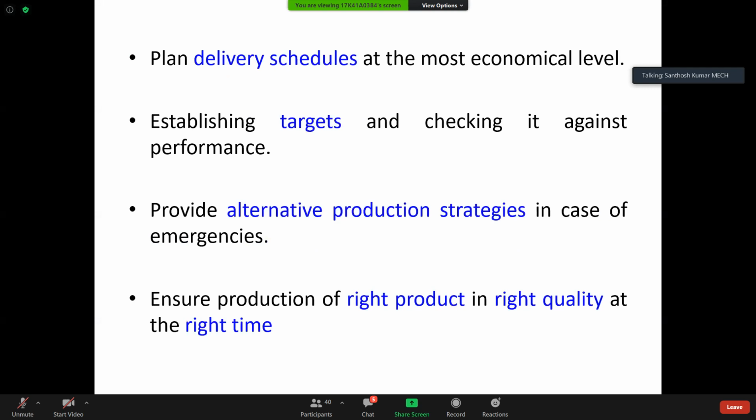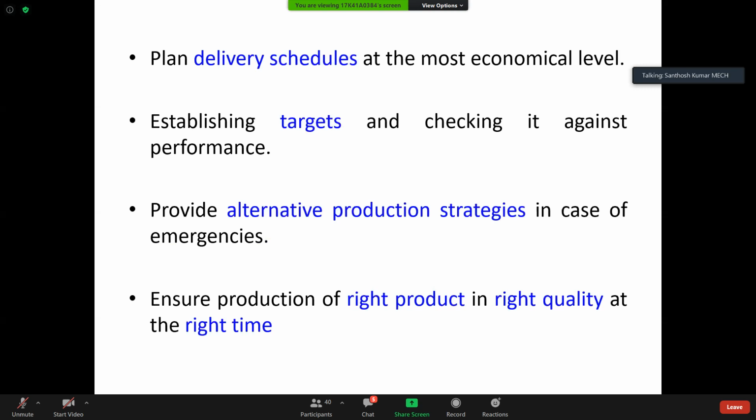Okay, planned delivery schedules. This is very important. After receiving any order from the customer, we have some predefined schedule. The customer will say, I need this motor or car within 6 or 7 weeks. For example, if he receives the order in January and the customer needs it by February end, he has to assign department-wise schedules.